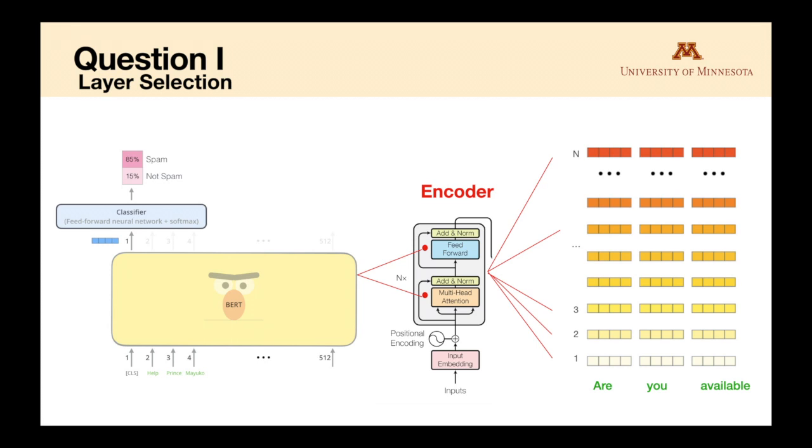For instance, when inputting a sentence inside the model, the output data of different layers encode a wide variety of information, and some might be good, some might be bad. Therefore, layer selection is a question in BERT.